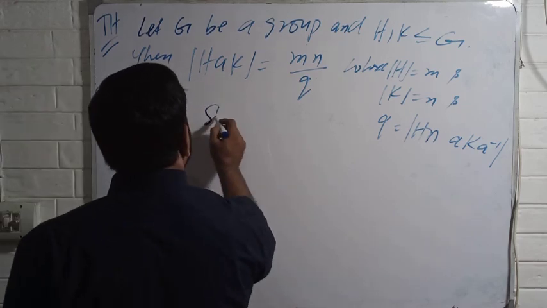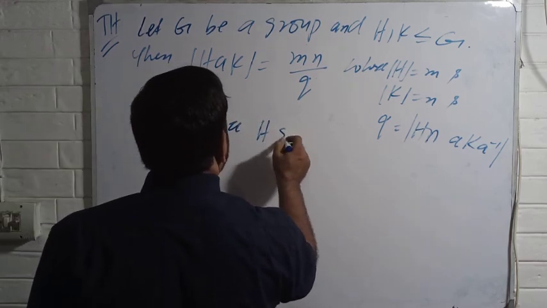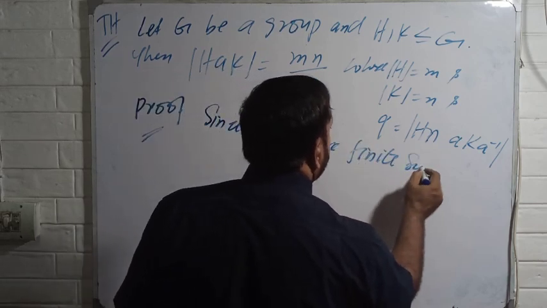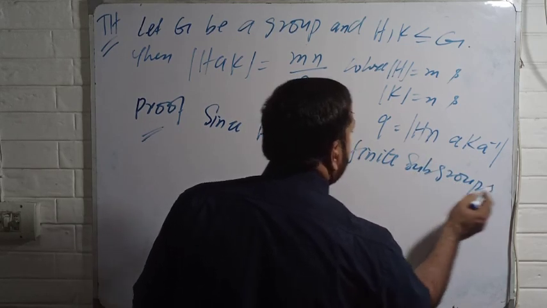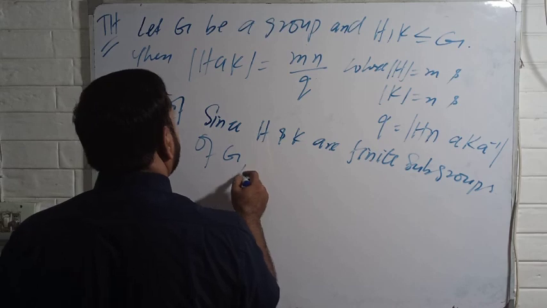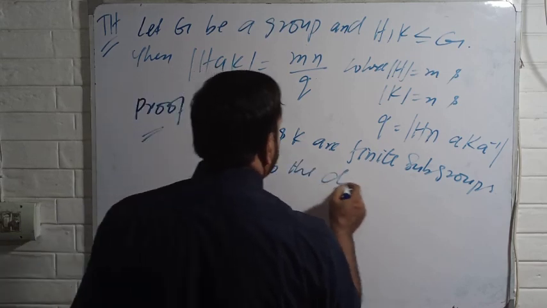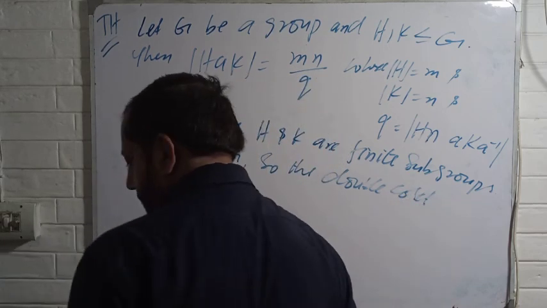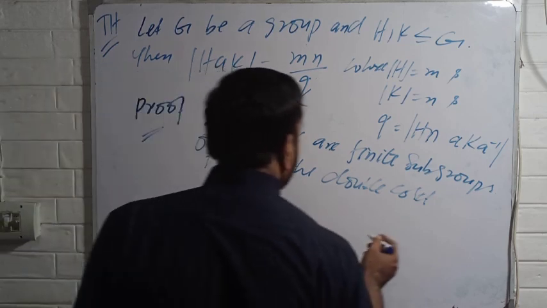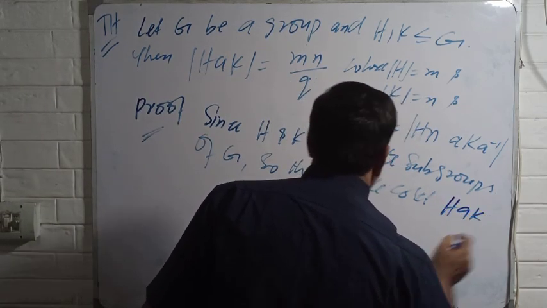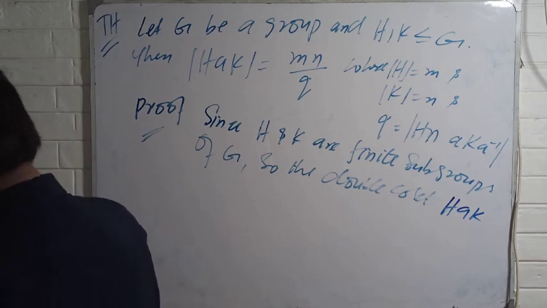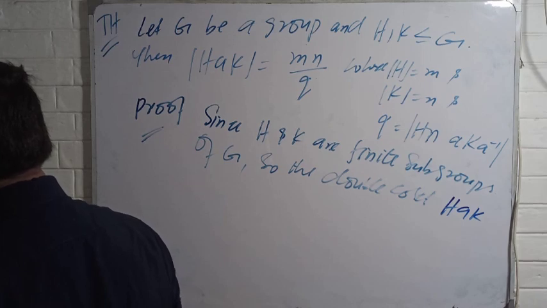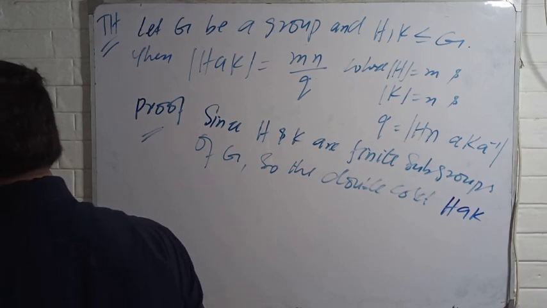Since H and K are finite subgroups of G, the double coset HAK consists of only a finite number of elements.